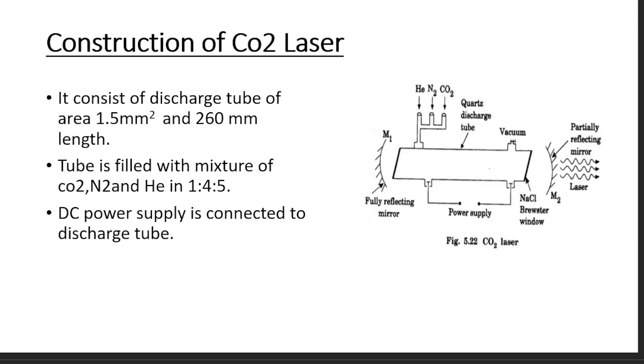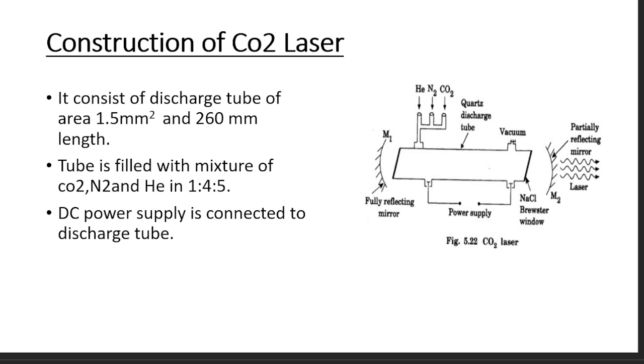So it is basically a discharge tube having a cross-sectional area of 1.5 millimeter square and a length of 260 millimeter. The tube is filled with the active mixture of CO2, N2 and He in the proportion of 1:4:5. The terminals of the discharge tube are connected to a DC power supply.